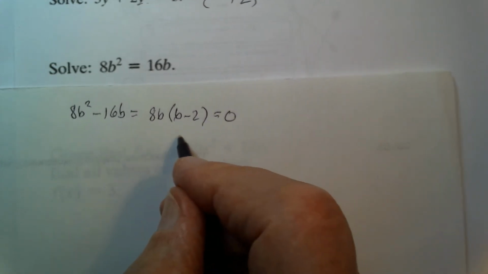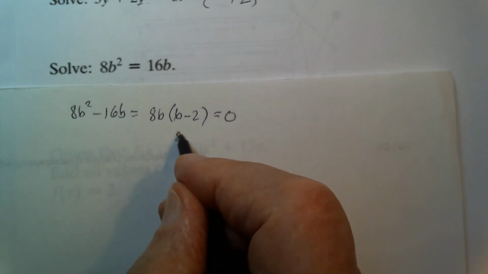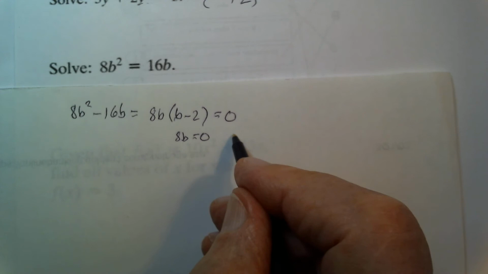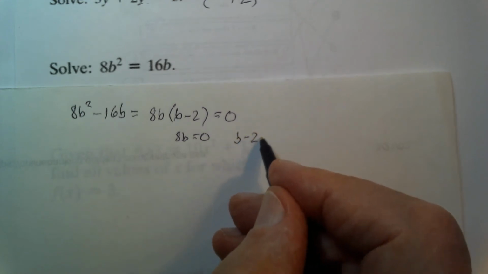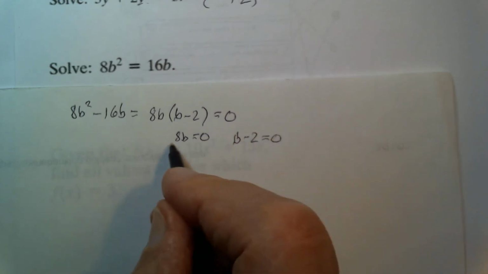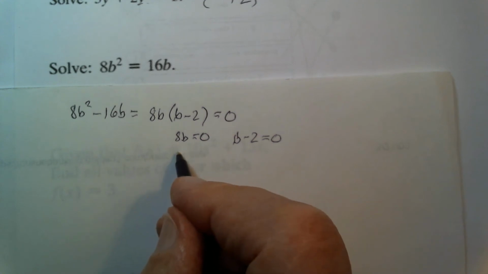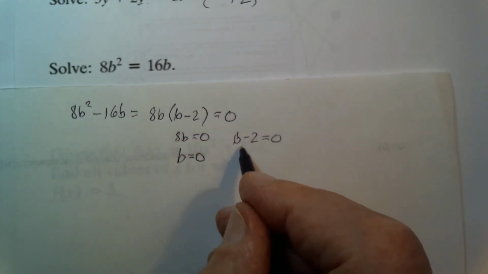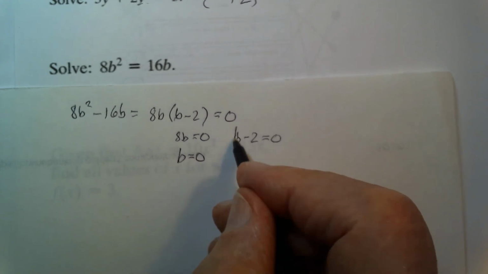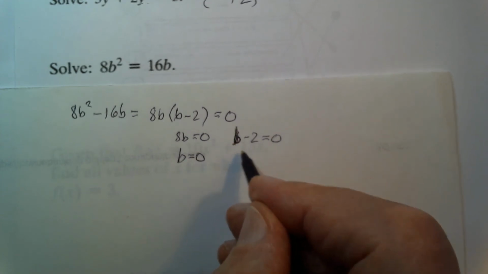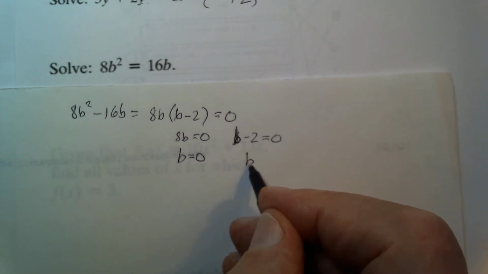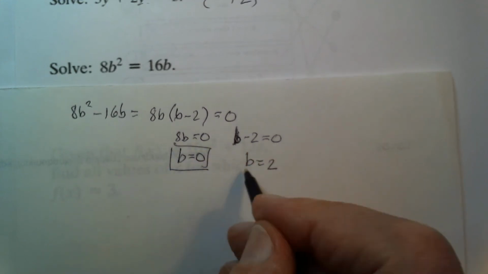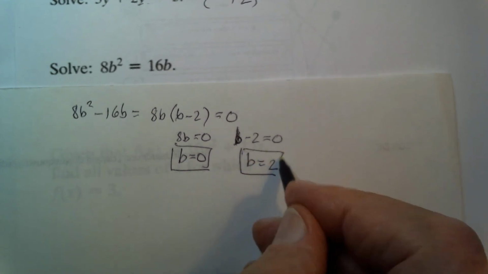So we have two factors that we set equal to 0, 8b equals 0, and b minus 2 equals 0. So we divide both sides by 8. That means that b equals 0. That's one solution. And for the other solution, b minus 2 equals 0, so we add 2 to both sides, so b equals 2. So these then are the two solutions, b equals 0 and b equals 2.